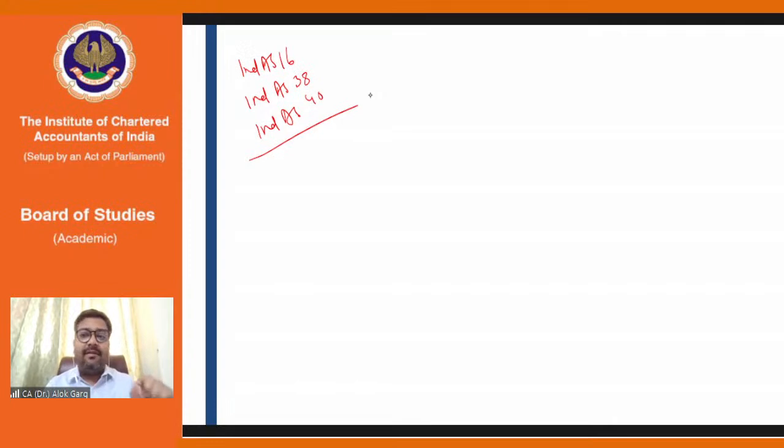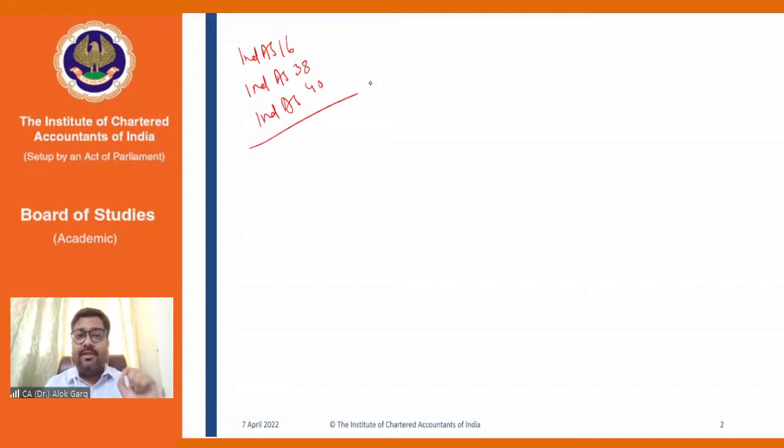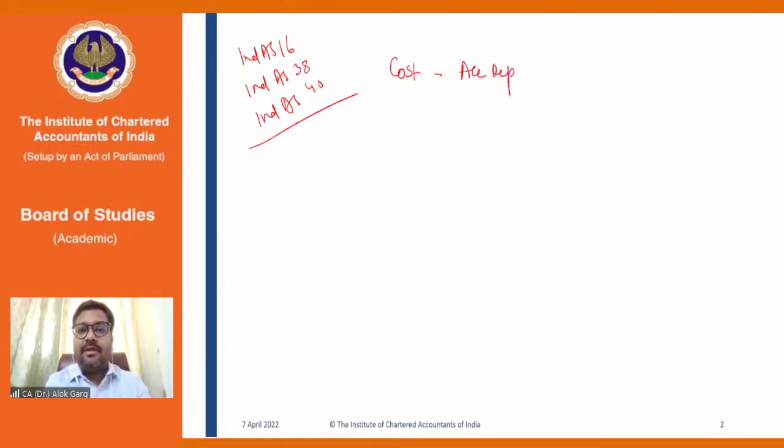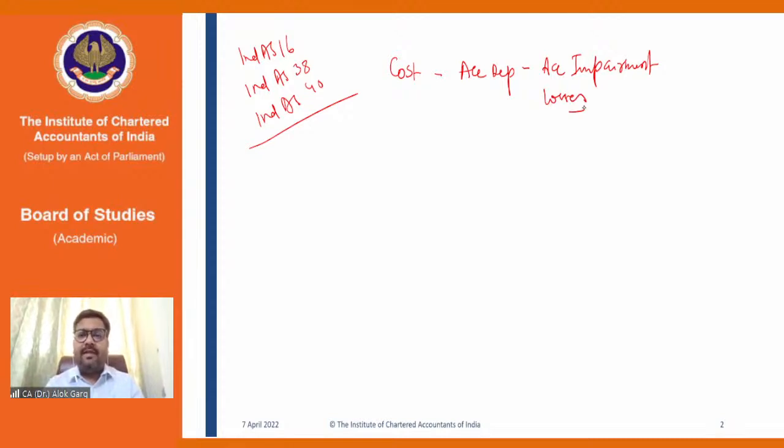And what is the definition of carrying value? The definition of carrying value is cost minus accumulated depreciation minus accumulated impairment losses, right? Cost minus accumulated depreciation minus accumulated impairment losses.